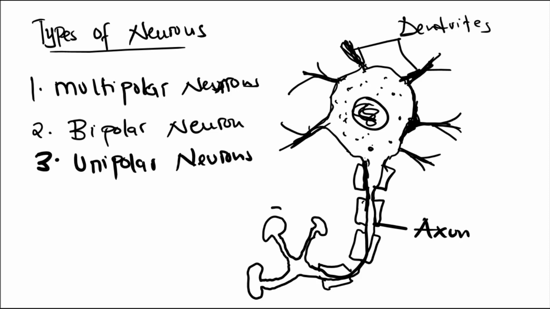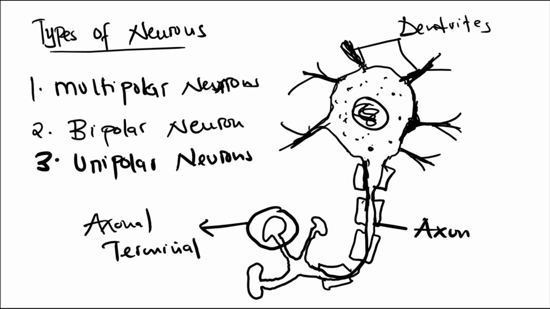Now this is an axonal terminal. In the next slide, I'm going to focus on the axonal terminal because that's where transmission of the nerve impulse comes from.